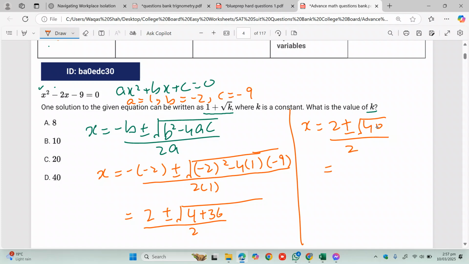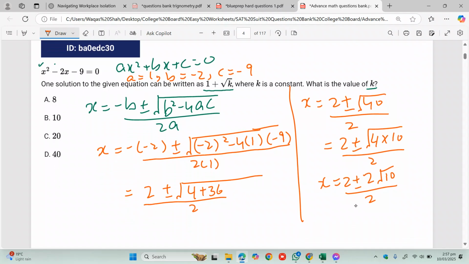Now you can see that 40 is a multiple of a perfect square, 4, because we will have to bring a perfect square out of the square root. So that will become 2 plus minus, we know that 4 is a perfect square and a factor of 40, so we can write 4 times 10, and then the square root of 4 is 2, so we can write 2 square root 10, and it will be 2 plus minus 2 square root 10 divided by 2.